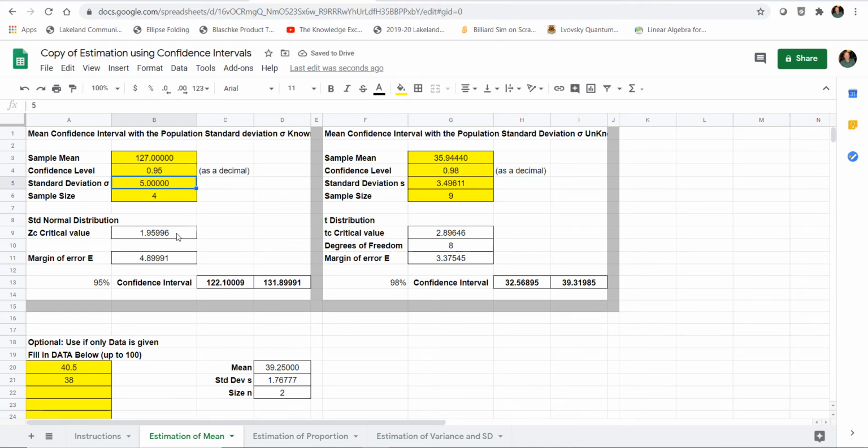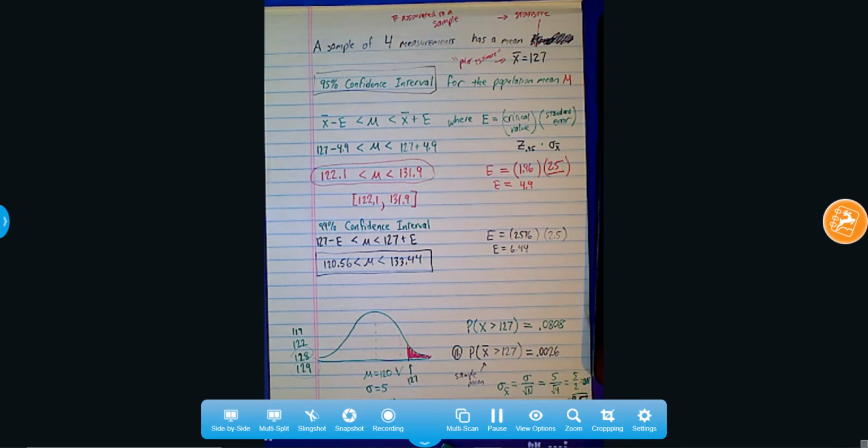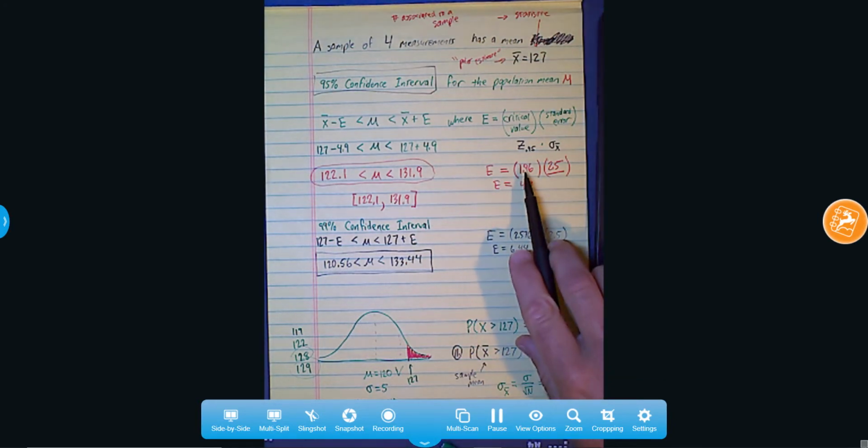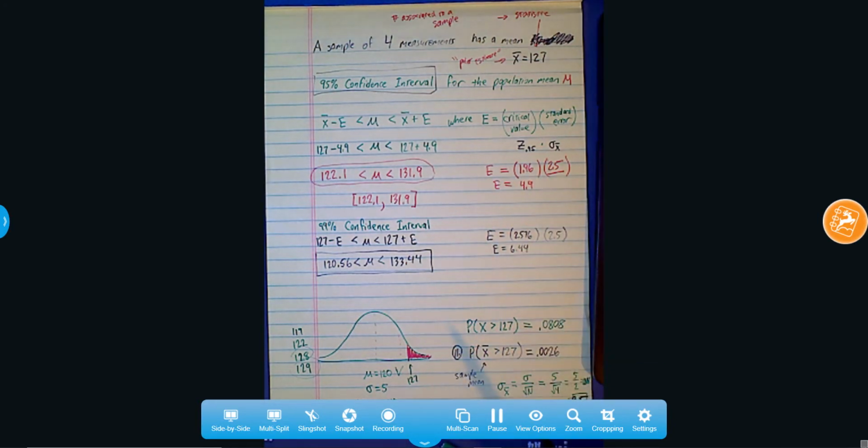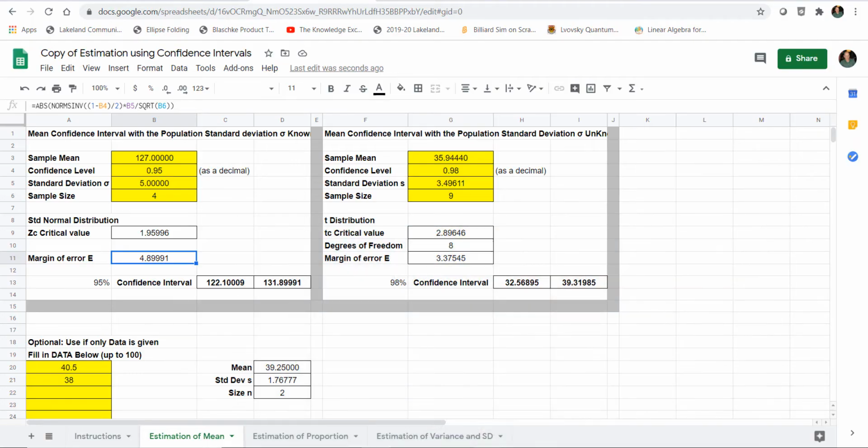And notice it spits out the critical value, the z-score. It spits out the margin of error. So let's just compare to what we had when we had a 95% confidence interval. We had over here 1.96 times 2.5. So the margin of error was 4.9. They say 4.89. And then they spit out the confidence interval here from 122.1 to 131.9.